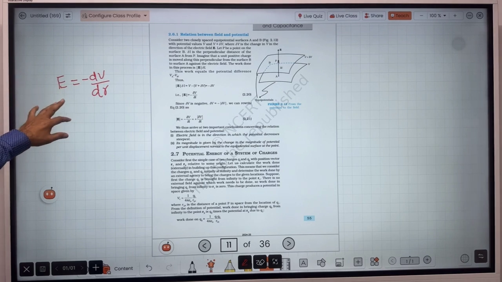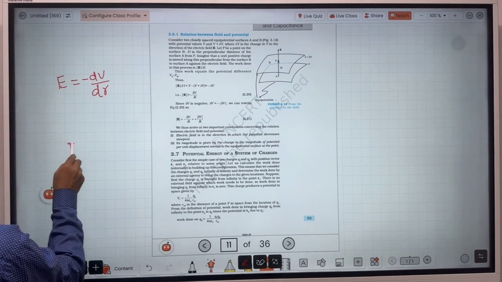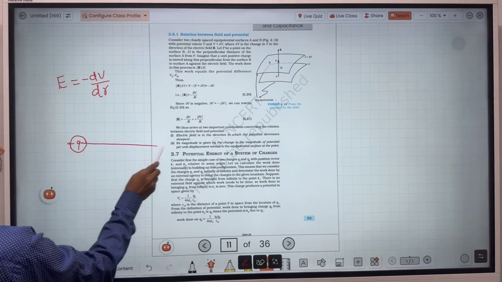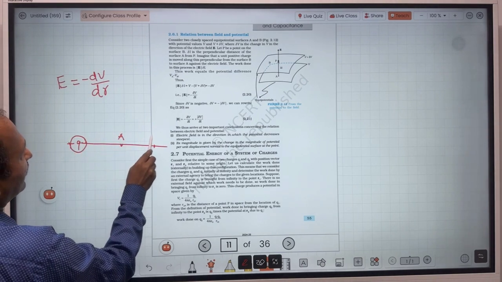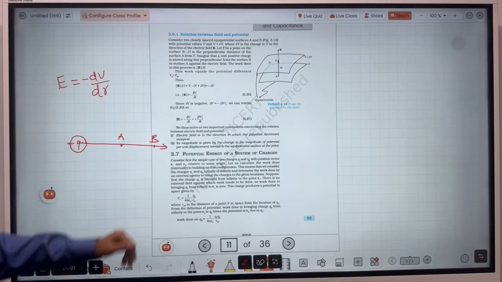It implies that potential decreases in the direction of electric field. Suppose here there is a positive charge Q and you find potential here, suppose at point A, then at point B, since it is a positive charge, the electric field will be like this.